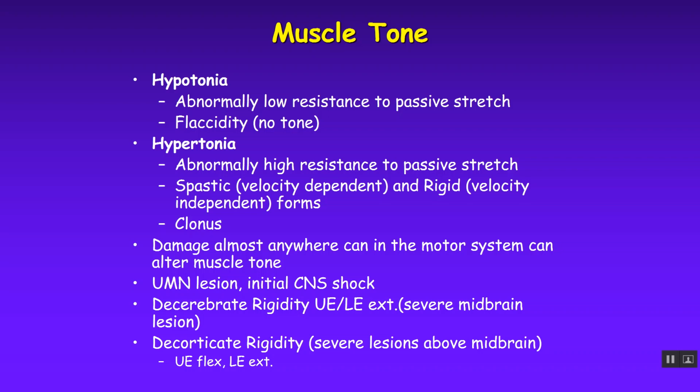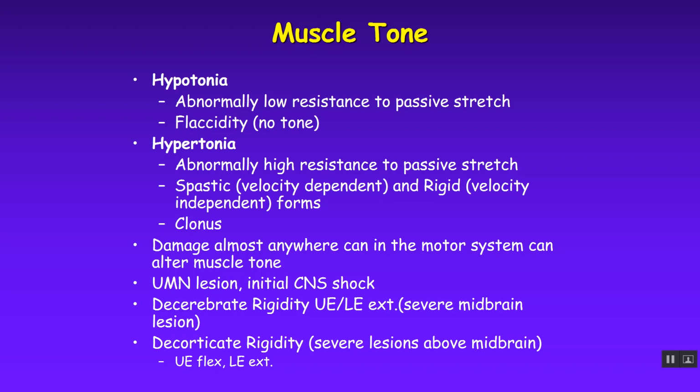The most common reason you'll see a flaccid limb is with a big peripheral nerve problem, like they avulse their entire brachial plexus on one side and they have no motor input to the limb, or they had polio or post-polio syndrome, and all the anterior horn cells that go to the muscles of the limb are affected, and it hangs there, and they can't move it, and it's about this big around because it atrophies so profoundly in that limb, and that's true flaccidity.